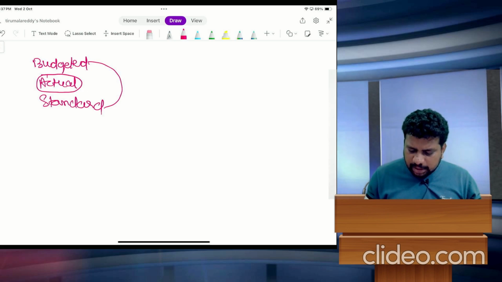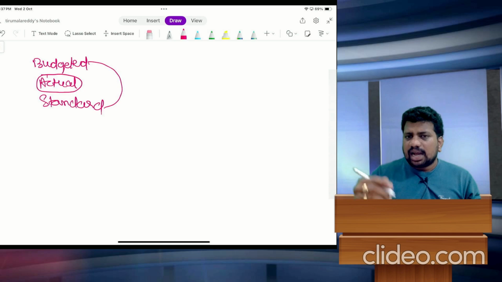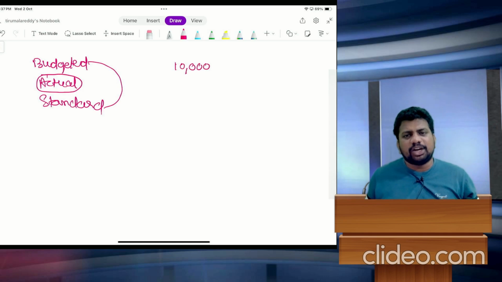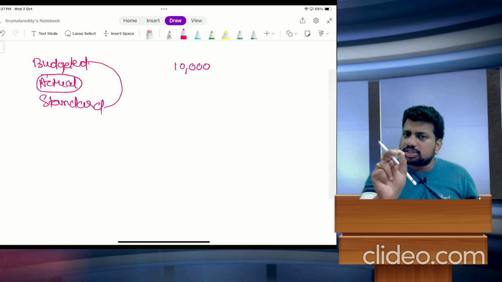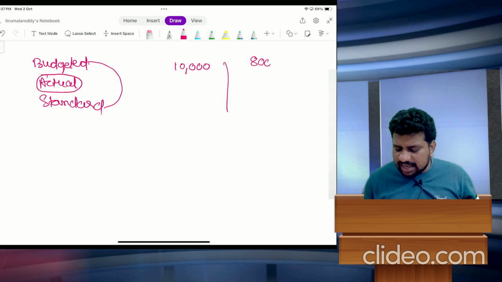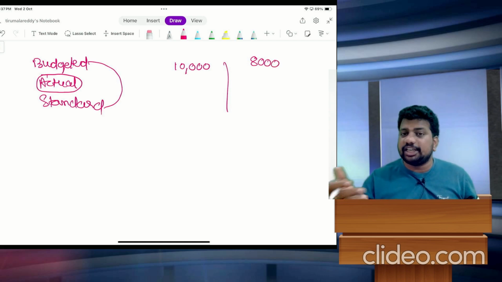When I'm doing budgeting, I am expecting that I am planning to produce 10,000 units. Let's say I am trying to produce 10,000 units. So after completion of the year, in reality, I produced only 8,000 units.